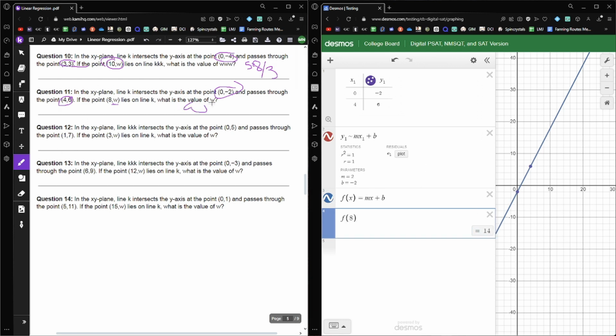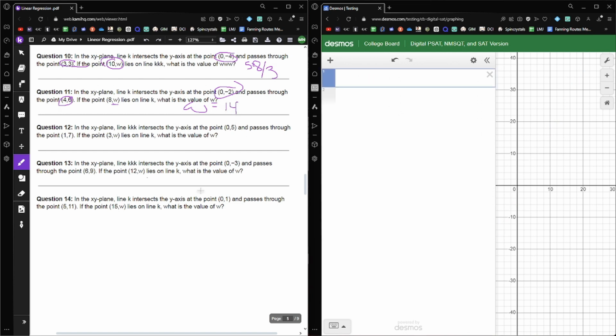So w equals 14. Question number 12. In the xy plane, line K intersects the y-axis at the point (0, 5) and passes through the point (1, 7). If the point (3, w) lies on line K, what's the value of w? Once again, 2 points, we're finding the y value.